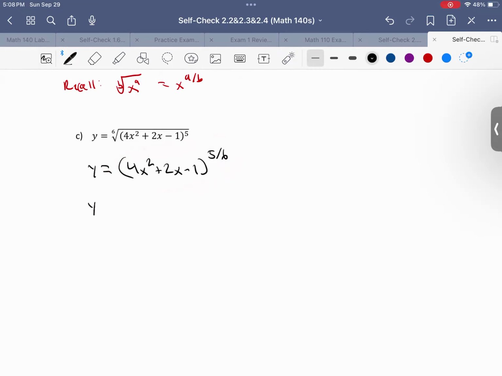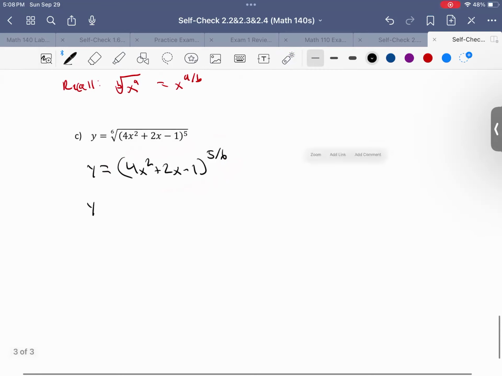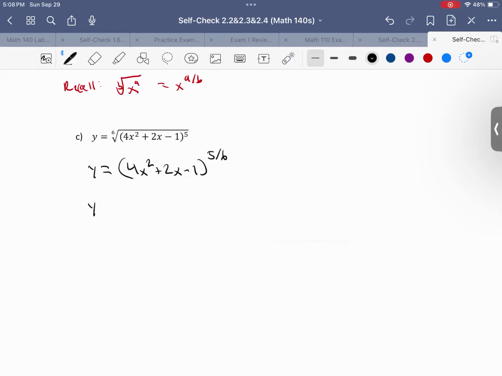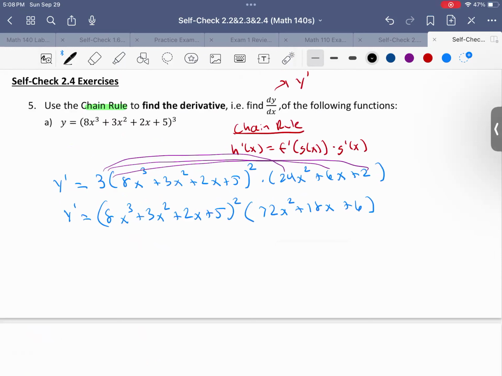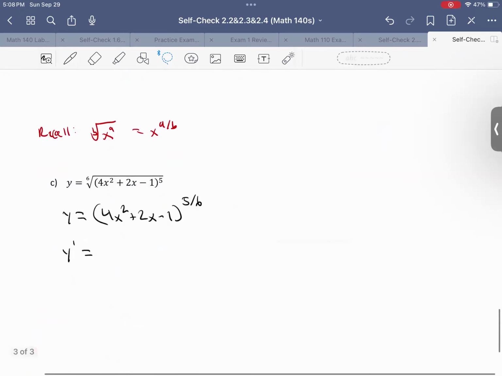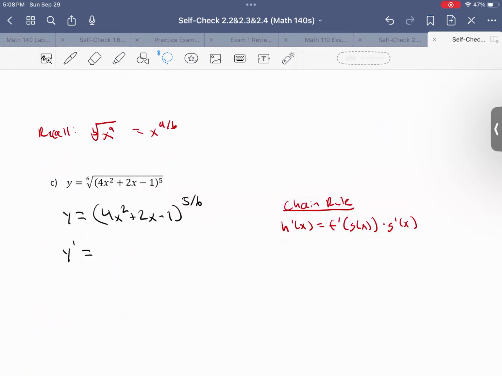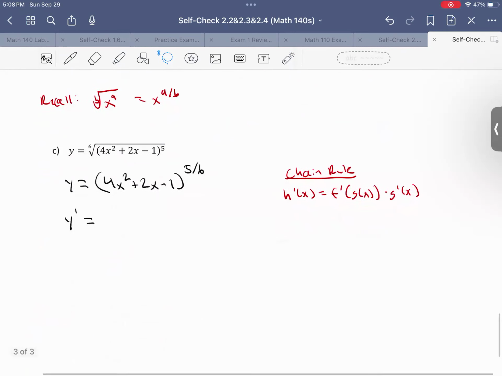So using the chain rule, let me go ahead and copy this. Right, chain rule. So derivative of the outside is 5/6 drops down and we subtract 1 from it.